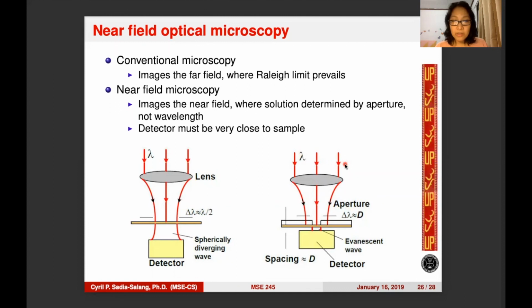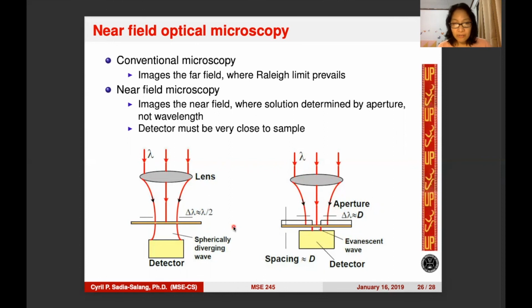The light beams are also diffracted by the lens. And notice that photons are transmitted through an aperture of size D. Okay? This is now the near-field microscopy, which is no longer limited by the wavelength of the light, but by the aperture size.